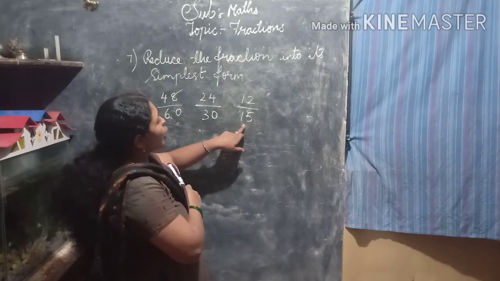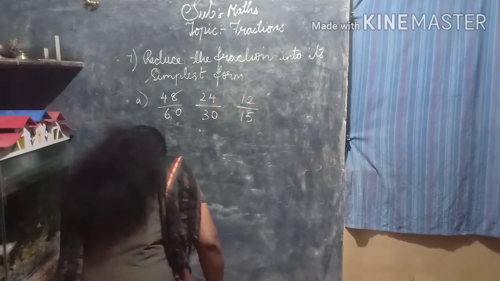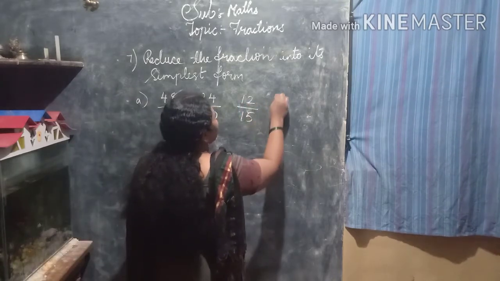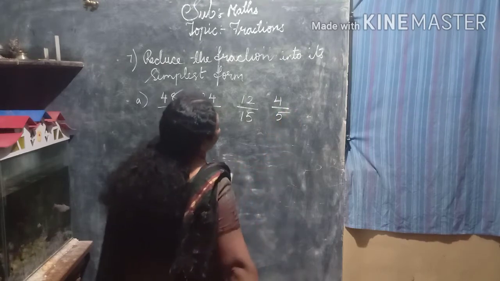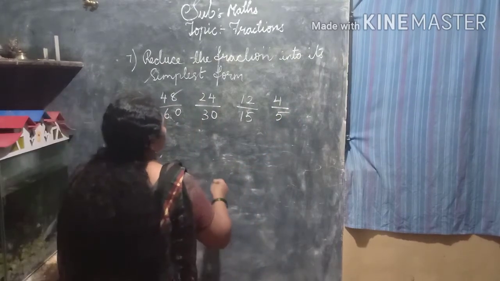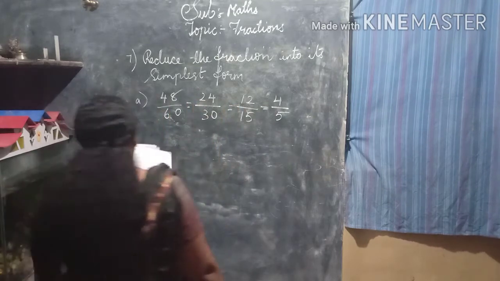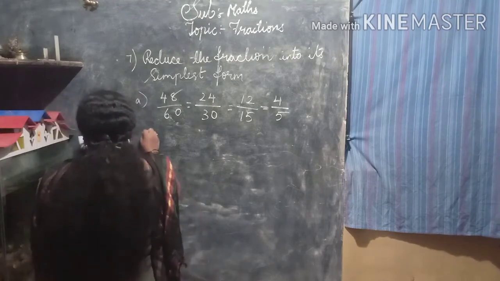And this 6 will not go in the 2 table further. If you start dividing it, you get it in the 3 table. 3 fours are 12, 3 fives are 15. Therefore, 4 by 5 will be its simplest form.